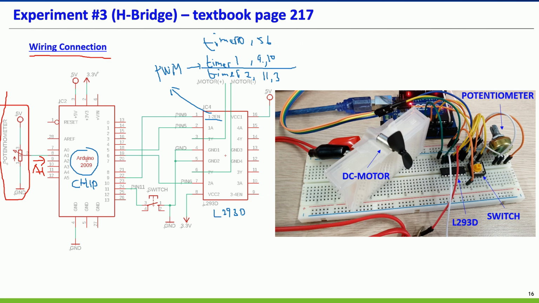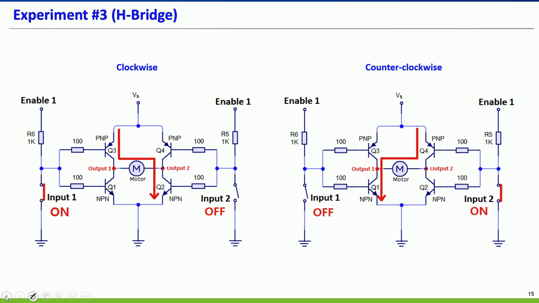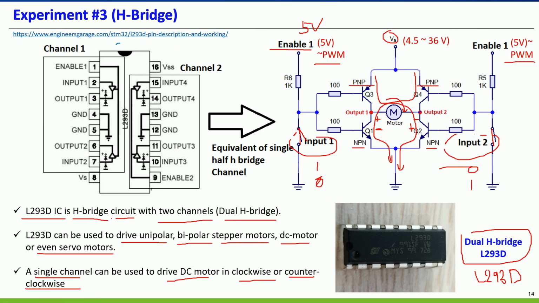I think this one is using timer 1, so connect pin 9 to pin 1 of the chip. There is a symbol like this; if you see the previous slide, there is a mark symbol and a dot, which means this one is pin 1.